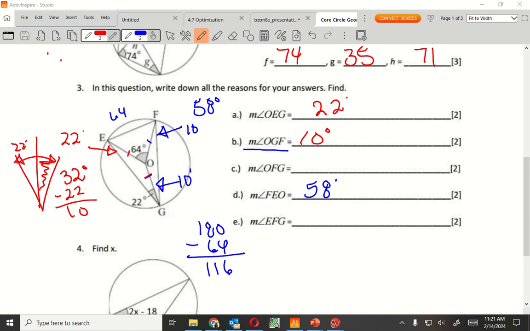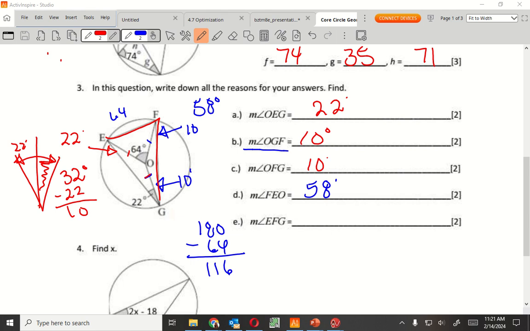What else did we find? We found OFG. OFG, we said was 10. And what else did we find? EFG. So EFG is right here, from here all the way to here.